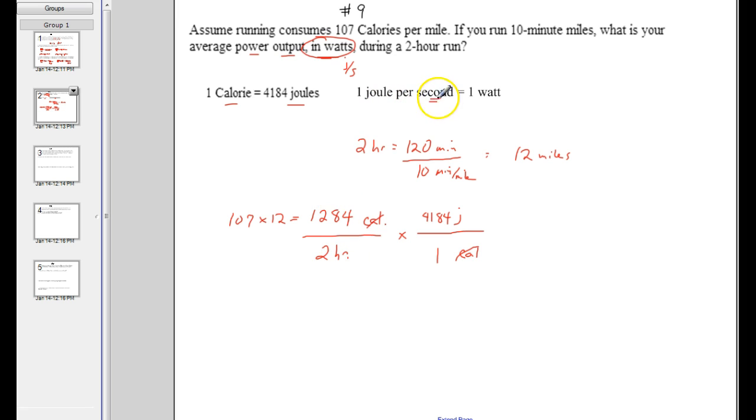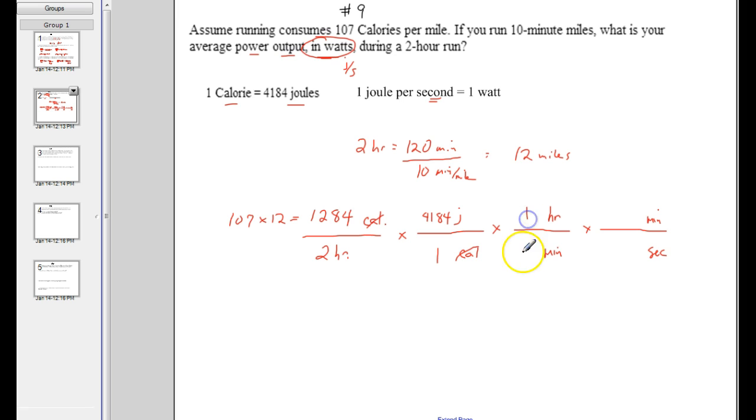I need joules per second. So I need to convert hours to minutes and then minutes to seconds. So I'm going to put 2 more little fraction bars on here. Hours is in the denominator, so I need to have it in the numerator here for it to offset. And I'll first convert to minutes, and then I'll convert minutes to seconds.